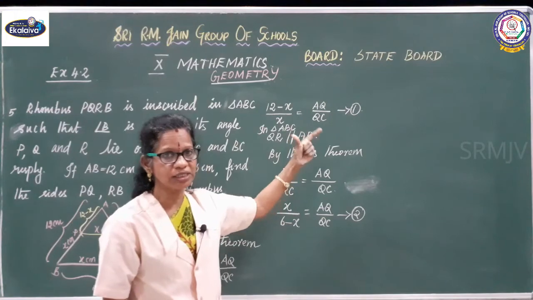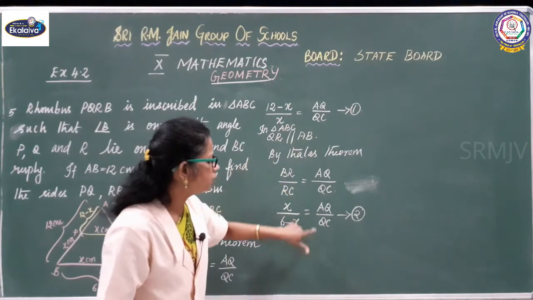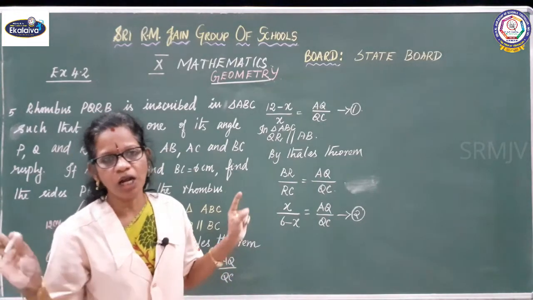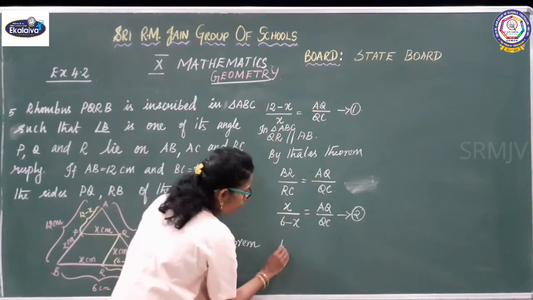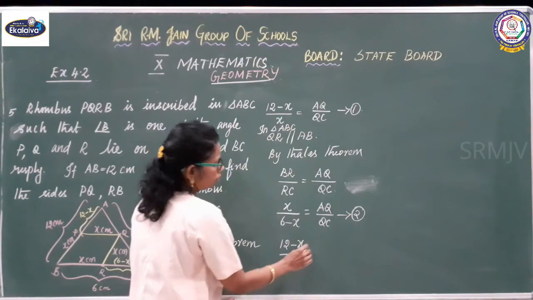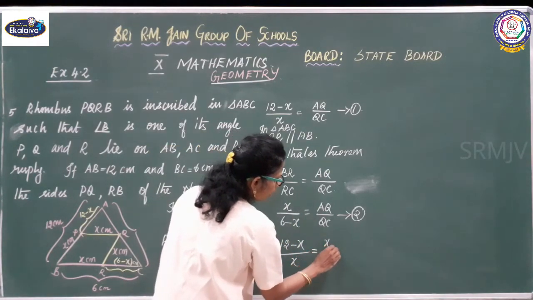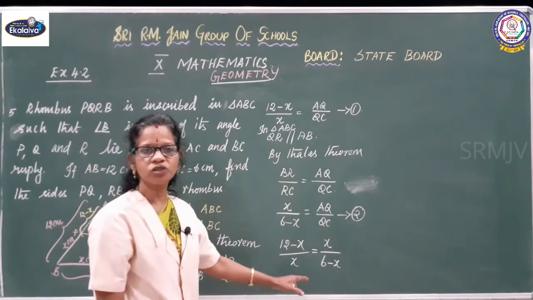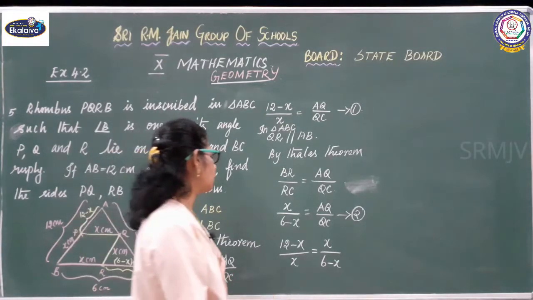Already I have discussed the same concept, right? Right hand sides are equal. So, automatically you can equate the left sides. 12 minus x divided by x equal to x divided by 6 minus x.